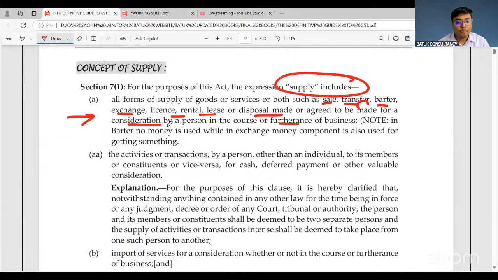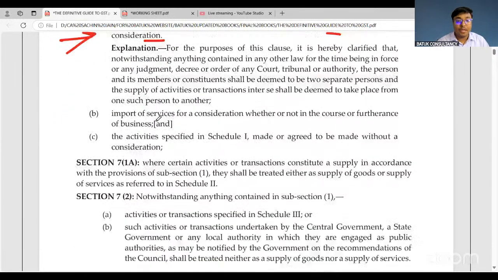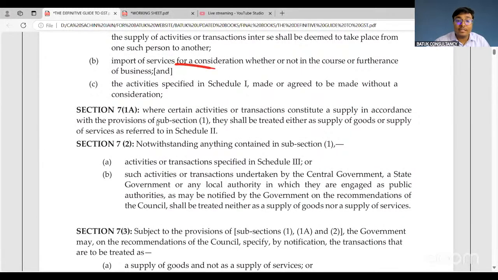Now all the activities or transactions by a person other than an individual, that means club, society, to its members, for cash, deferred payment or other valuable consideration, the same will be treated as supply. Import of services for a consideration, whether or not in the course or furtherance of business.